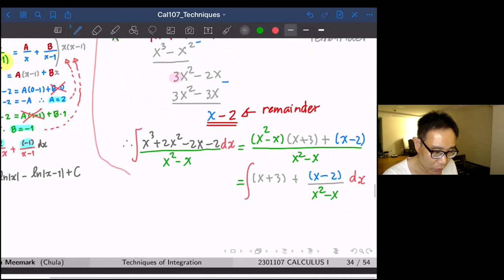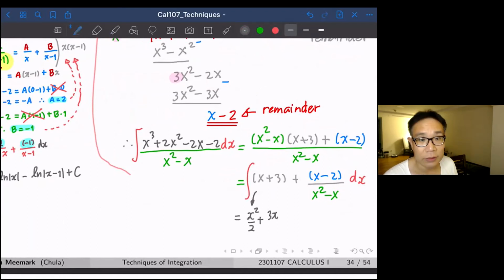Now we integrate this guy. The integral of x is x squared over 2, and the integral of 3 is 3x, so that gives two terms here.